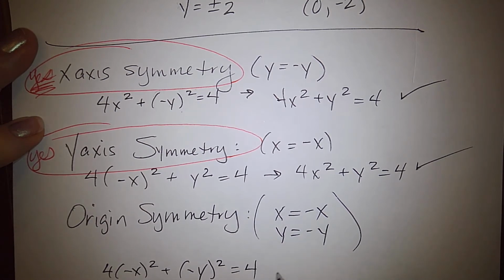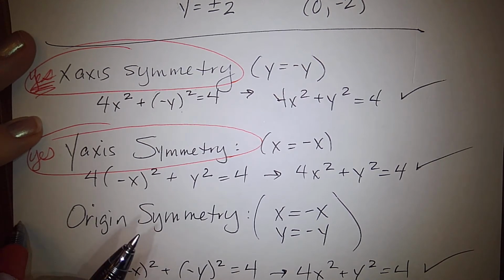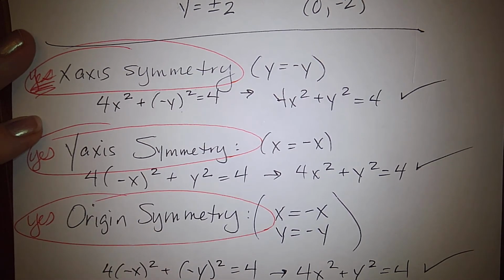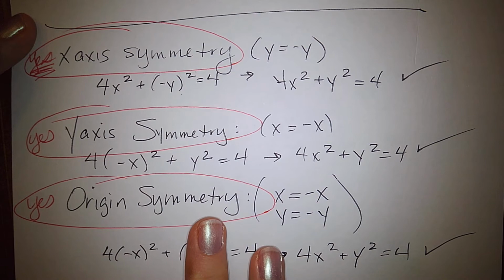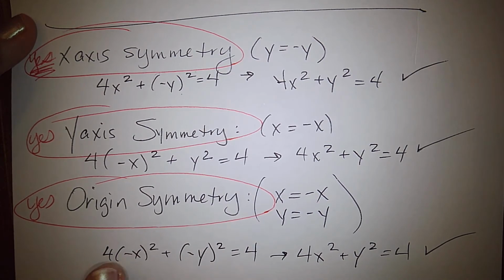Negative x squared is positive x squared. Negative y squared is the same as y squared. So that is the same as we started with. So this actually has all three types of symmetry. It has x-axis symmetry, y-axis symmetry, and also origin symmetry.